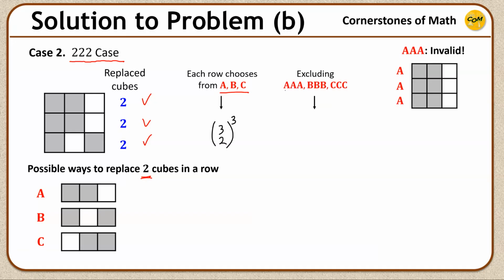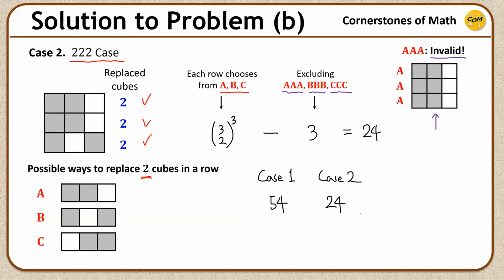More specifically, AAA, BBB, and CCC combinations are invalid since they give an invalid front view. Therefore, we must exclude these 3 cases, which gives 24 ways. Therefore, from cases 1 and 2, the total number of ways is 78 ways.